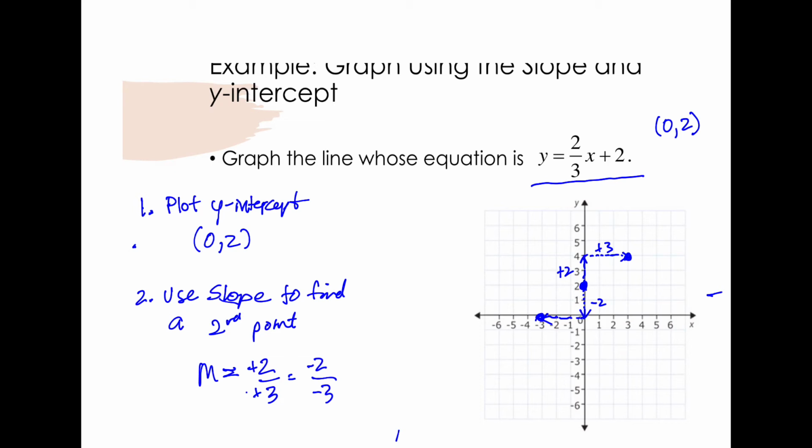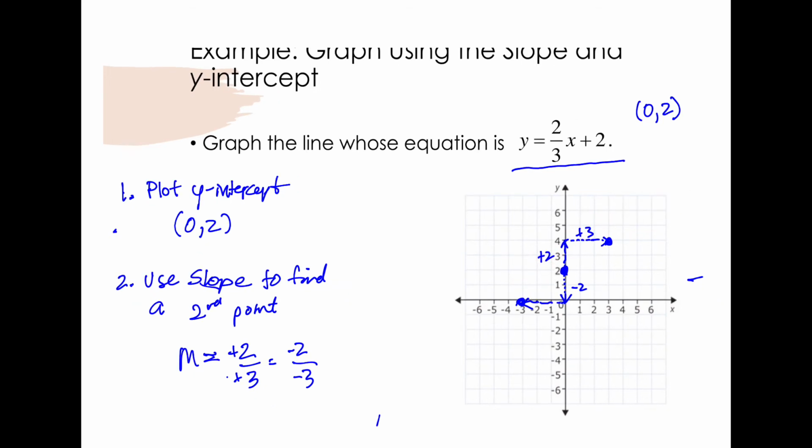Regardless of which direction you go, you can see that these 3 points line up in a straight line. So I use my straight edge there, and put arrows on both sides. There's the graph of that particular equation.